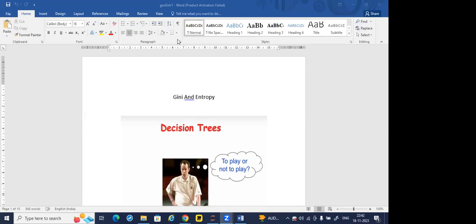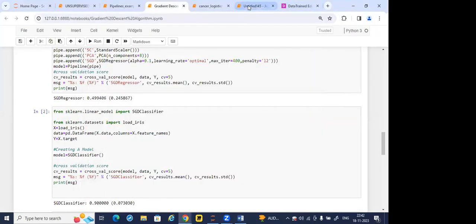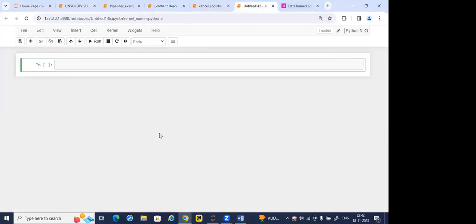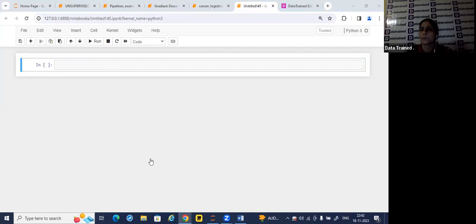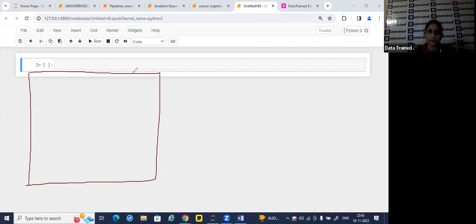Let's understand what Gini and entropy are. Suppose this is the data set.